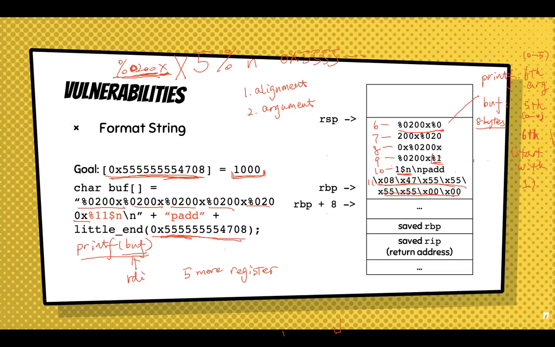But then I realized that I probably need something to pad this up in order to make the address aligned. That's why I put a pad over here, something like 4 bytes that is good enough to make the address align with 8 bytes.